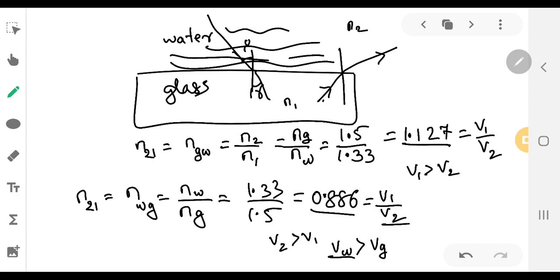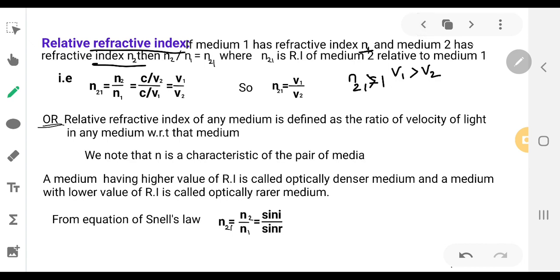So wherever the velocity ಯಾವುದ್ರದ್ದು ಜಾಸ್ತಿ ಇರ್ತೈತಿ, ಲೈಟದ ವೆಲಾಸಿಟಿ ಯಾವ ಮೀಡಿಯಂ ಒಳಗೆ ಜಾಸ್ತಿ ಇರ್ತೈತಿ ಆ ಮೀಡಿಯಮನ್ನು ನಾವು ಏನಂತ ಕರಿತೀವಿ, ರೇರರ್ ಮೀಡಿಯಂ ಅಂತ ಕರಿತೀವಿ. ಯಾವ ಮೀಡಿಯಂ ಒಳಗೆ ಲೈಟದ ವೆಲಾಸಿಟಿ ಕಡಿಮೆ ಆಗ್ತೈತಿ ಆ ಮೀಡಿಯಮನ್ನು ನಾವು ಡೆನ್ಸರ್ ಮೀಡಿಯಂ ಅಂತ ಕರಿತೀವಿ.